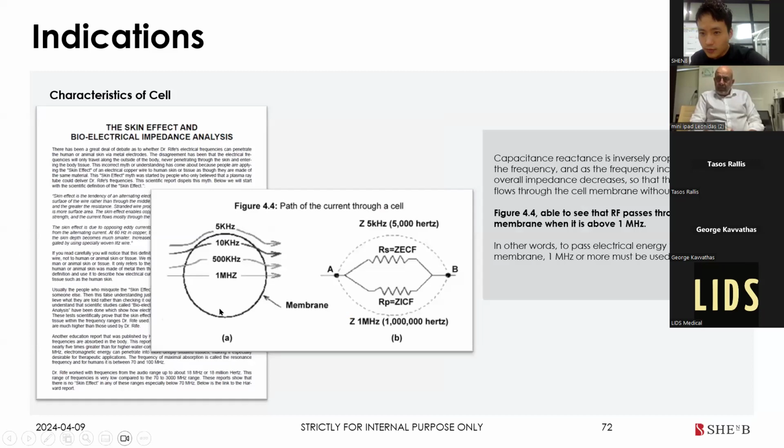According to clinical studies, we found out that more than 1 megahertz can go through the membrane efficiently, which means a higher frequency than 1 megahertz is even better.